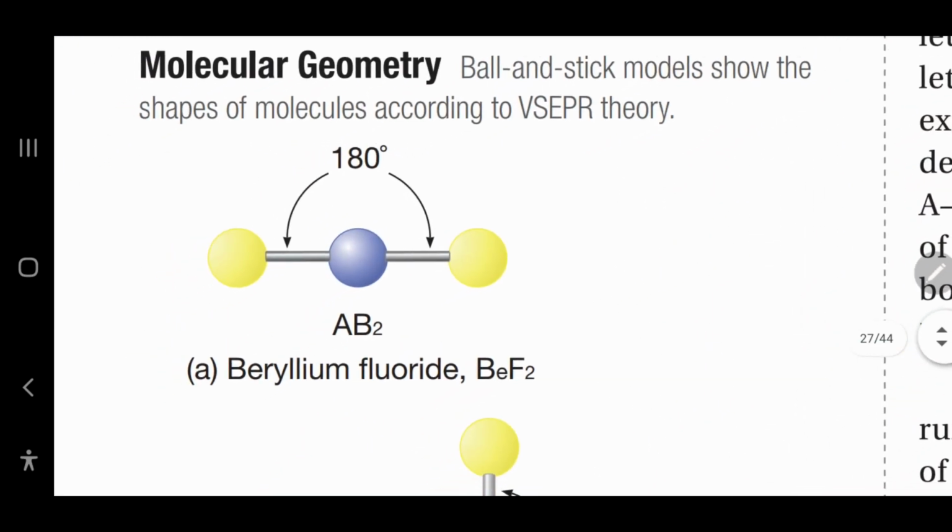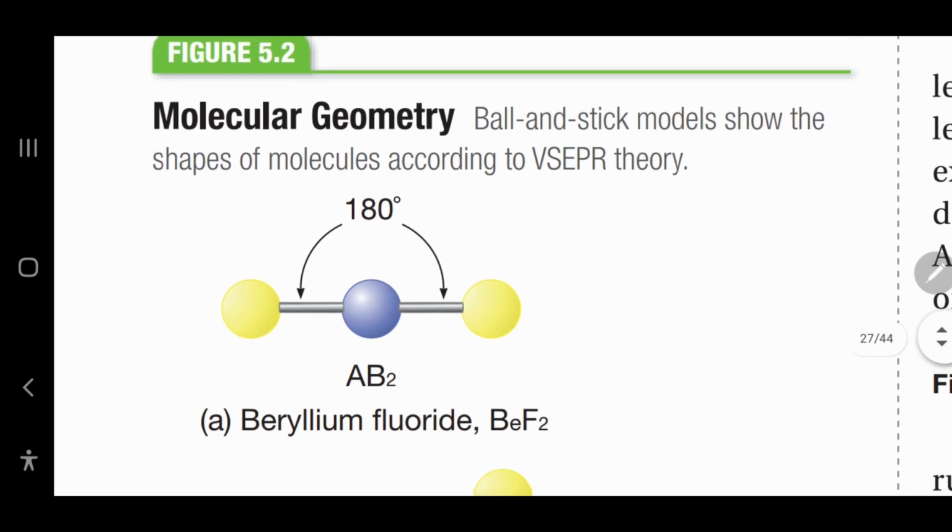We will consider beryllium to be the blue ball here, and each yellow ball is a fluorine atom. So this is the shape of BeF2. It is a linear shape, and the angle between atoms is 180 degrees.